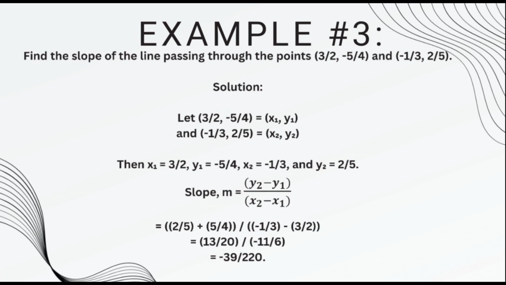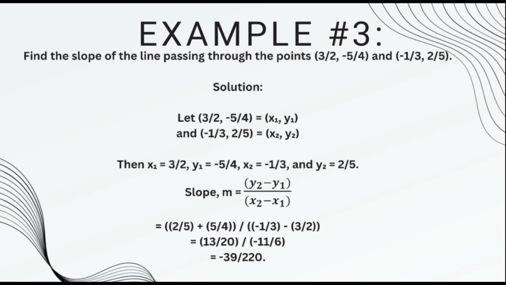Example number 3. Find the slope of the line passing through the points of 3 halves and negative 5/4 and negative 1/3 and 2/5. Using the formula of slope, the value of x sub 1 is 3 halves, y sub 1 is negative 5/4, x sub 2 is negative 1/3, and y sub 2 is 2/5.